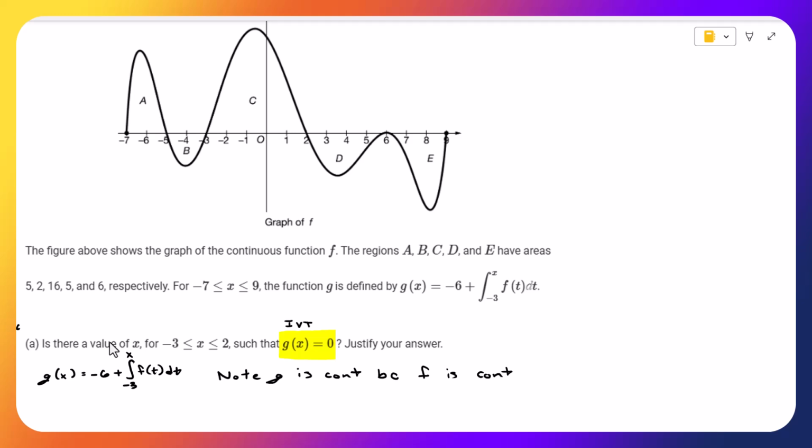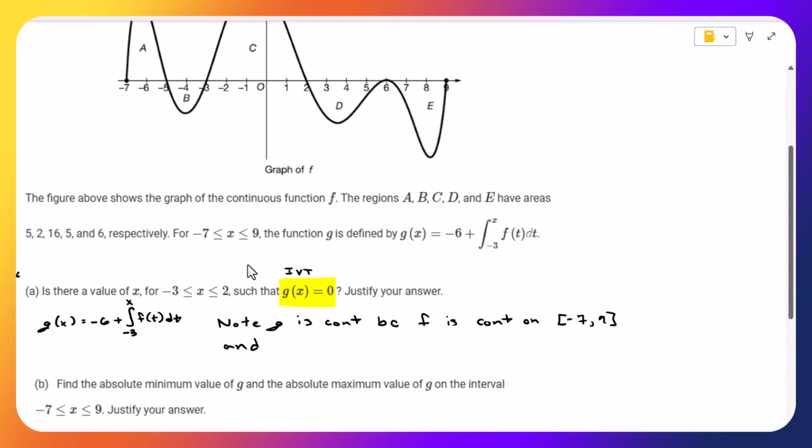And let me be more specific. f is continuous on -7 to 9. Because if we look here, well, f is continuous everywhere. It just tells us that f is continuous everywhere. And because g is our antiderivative, it's going to be continuous on this -3 to 2.